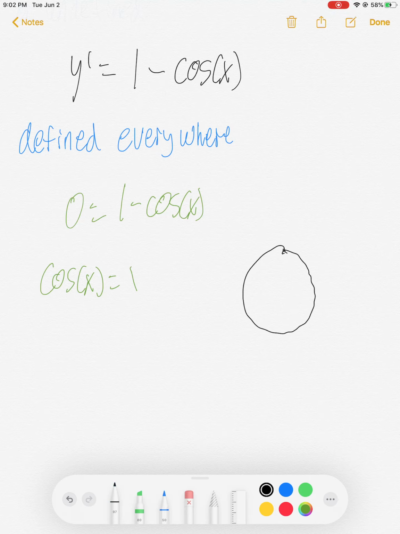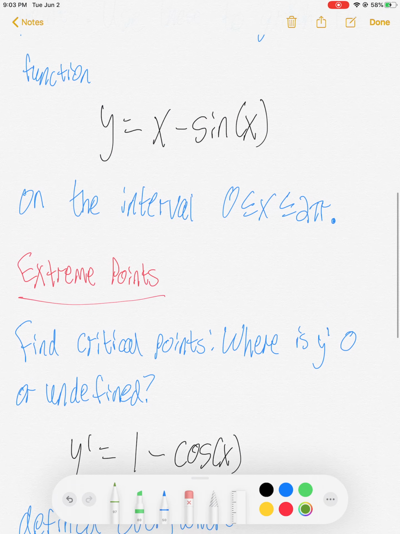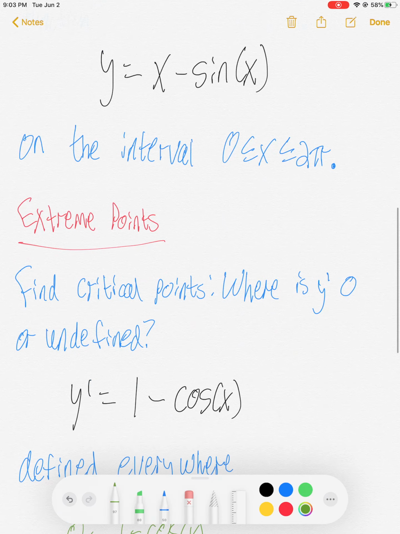So we want to find all the points in the interval 0 to 2 pi where cosine of x is equal to 1. And that is going to be, if we draw our unit circle, whenever we are at this point here, right? This point 1, 0. That's where cosine is 1. And this is the case at x equals 0 or 2 pi.